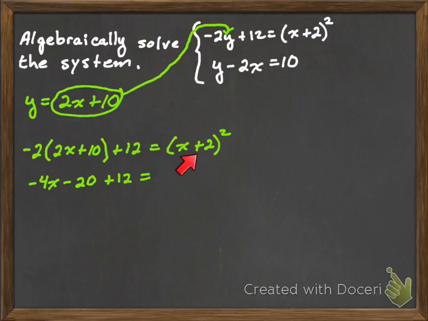Again, this means x plus 2 times x plus 2, which is x squared plus 4x plus 4. We want the x squared term to be positive, which it is on this side. So we're going to bring everything over to the right side of our equation so that we can set this equal to 0.